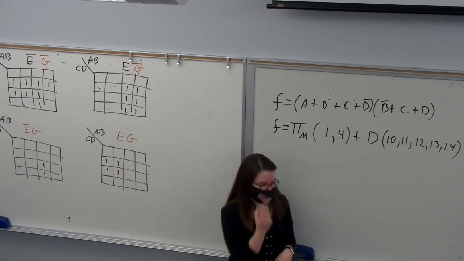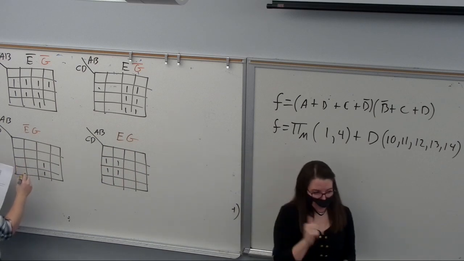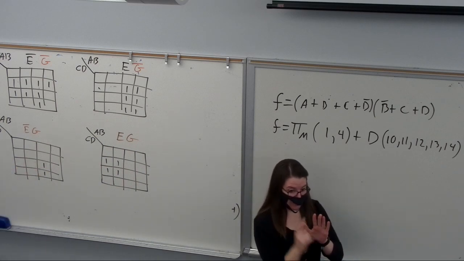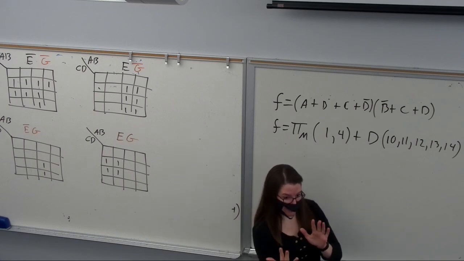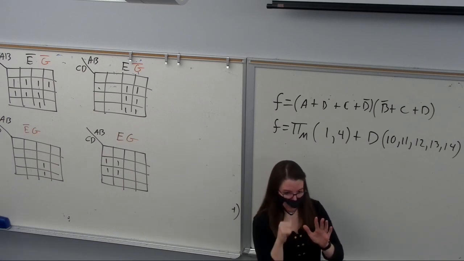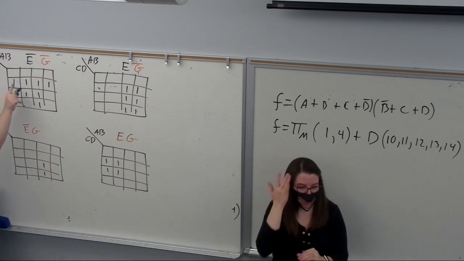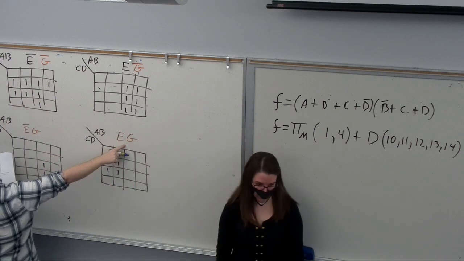Actually, I want to add onto this one. We'll do another example, hopefully. So what we can start to see is, remember how I said not E, not G is not adjacent to EG.